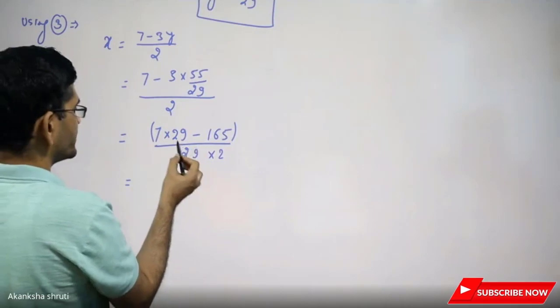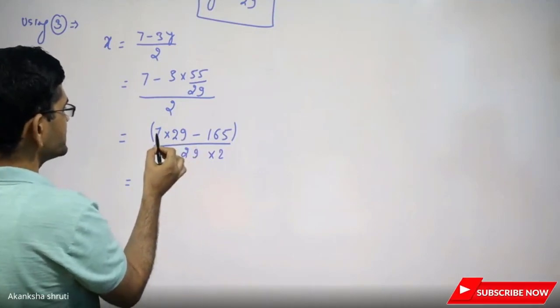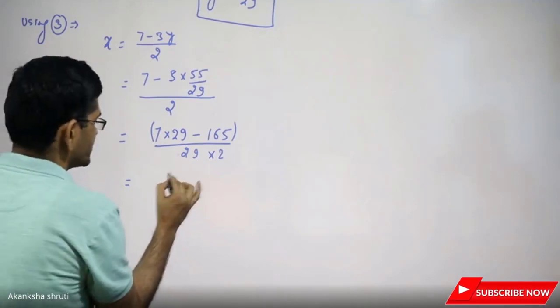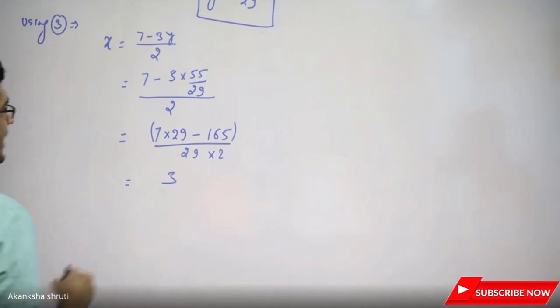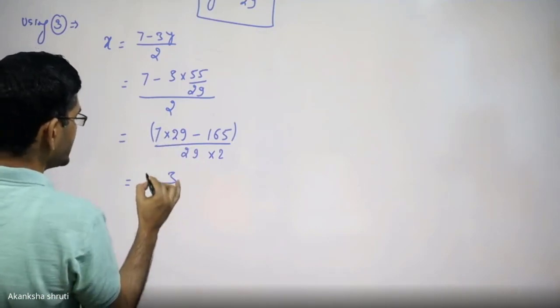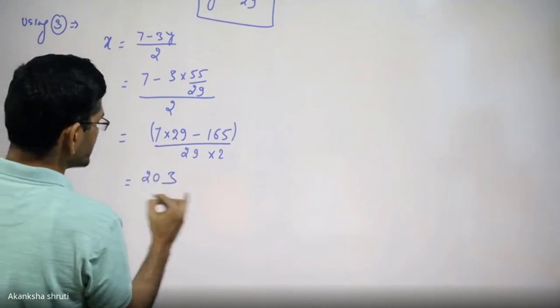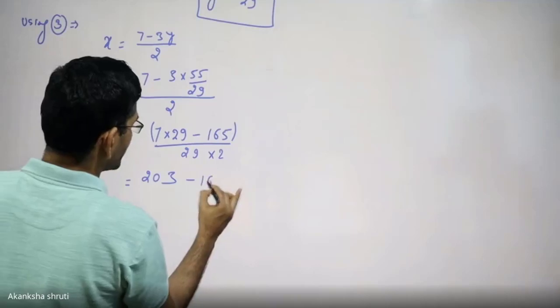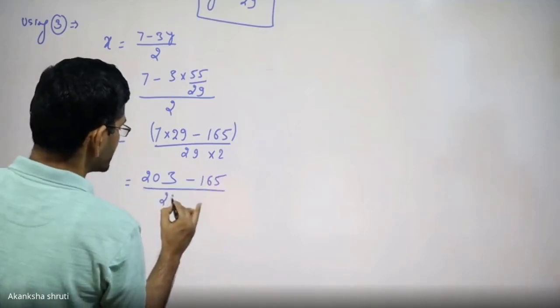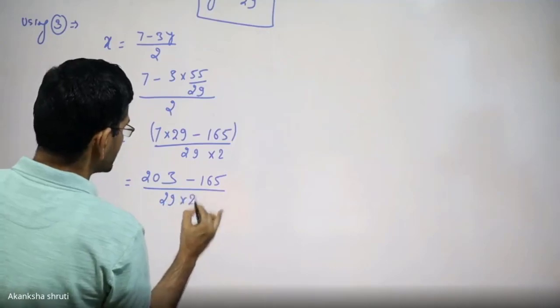Go for multiplying this. 7 29s are 203, then 7 2s are 14 and 60 is our 20, minus 165, divided by 29 into 2.